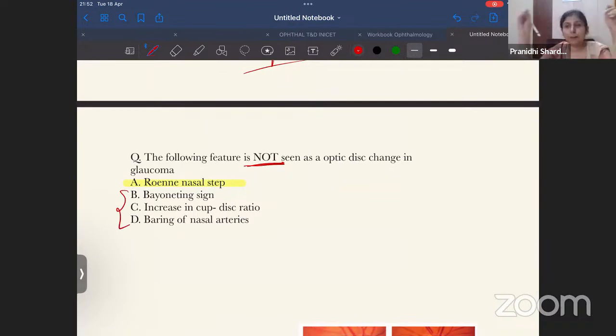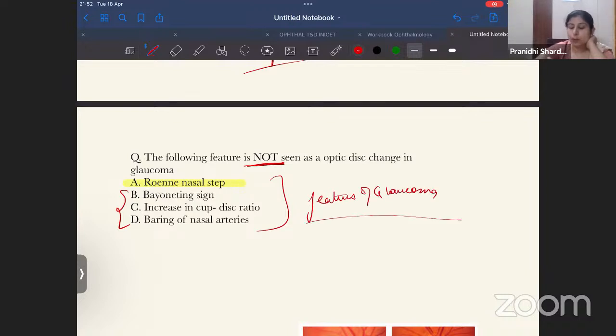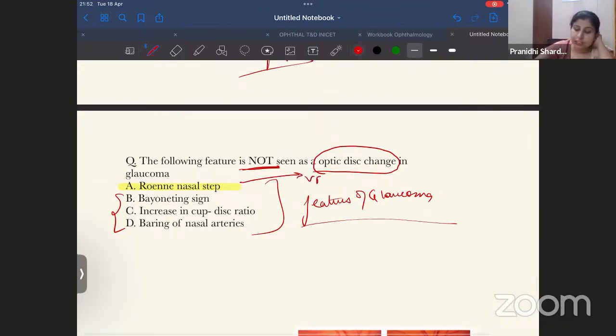But if we are not sure, we can get confused because all of these are features of glaucoma. The question, however, asks for a feature of glaucoma as an optic disc change, and Rønne's nasal step is a change seen on visual fields, not on the optic disc or fundus examination.